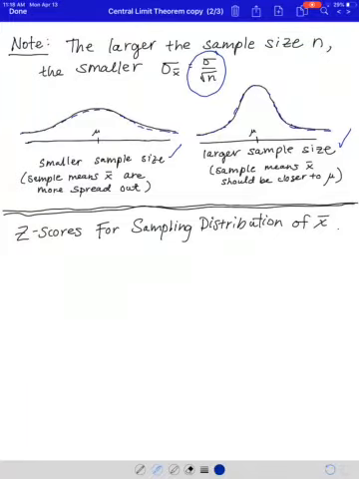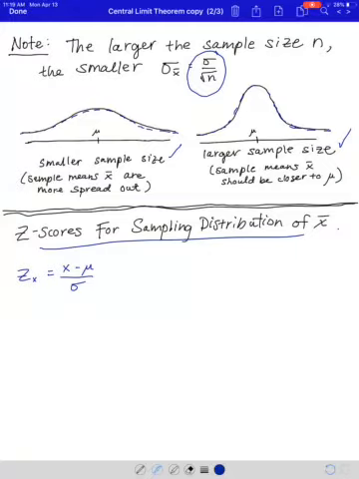Now, another thing we want to discuss is finding the z-scores for our sampling distribution, because this is how we're going to compute our probabilities and areas and so forth. So let's take a look at the formula for the z-score. Now, in the past, we said our formula for the z-score of x is x minus the mean mu divided by the standard deviation sigma.